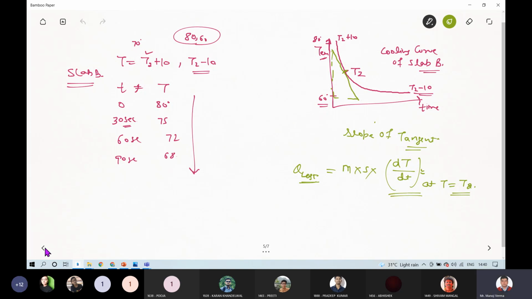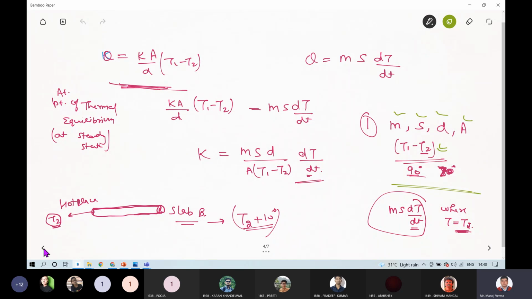Now, after this, as you can see from this formula, we have all the values.